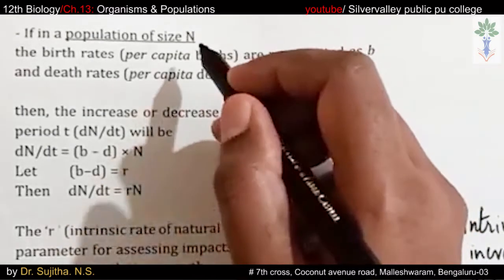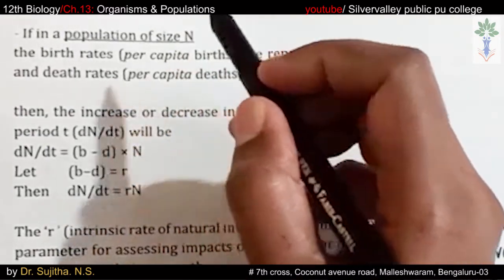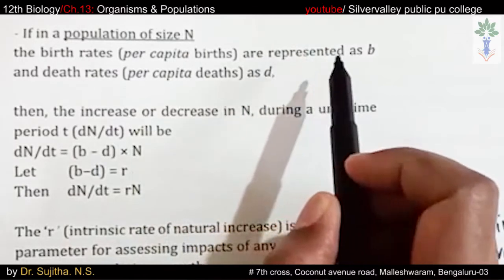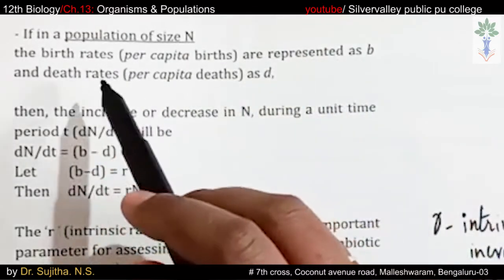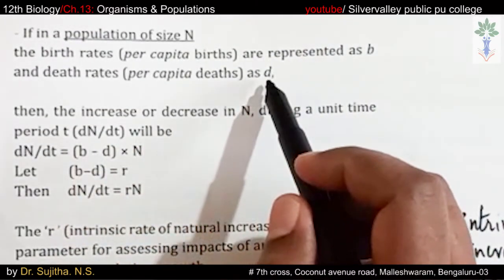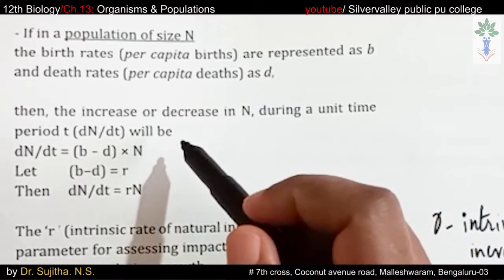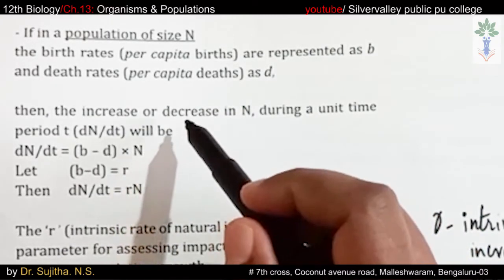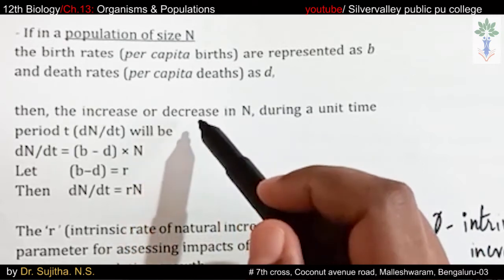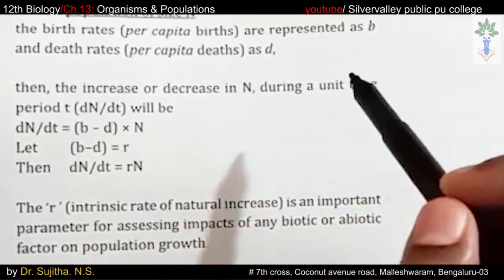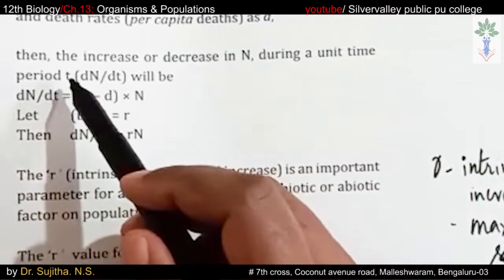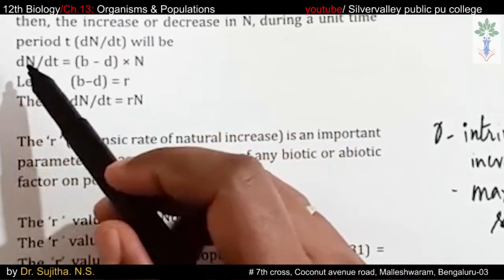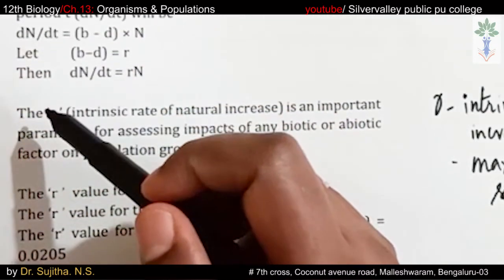The size of the population is N, the birth rate is represented by b and the death rate is represented as d. Then any increase or decrease in the size of the population during a unit time t will be represented by dN by dt.